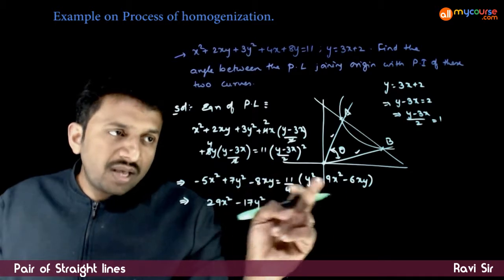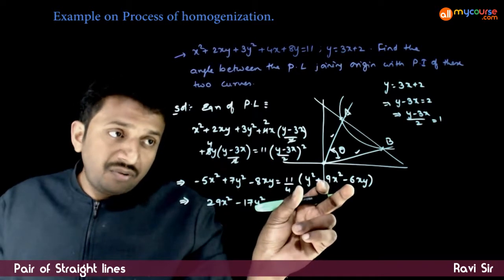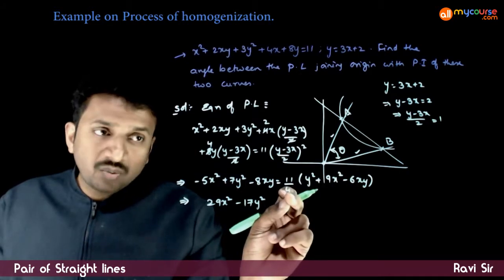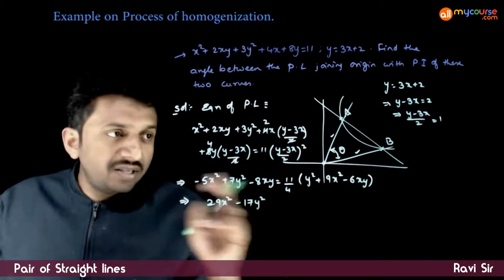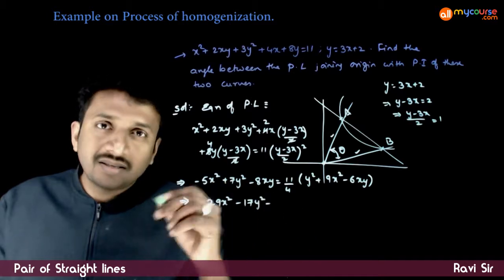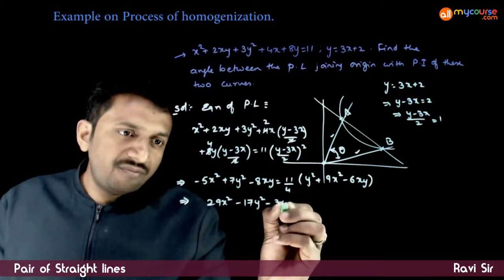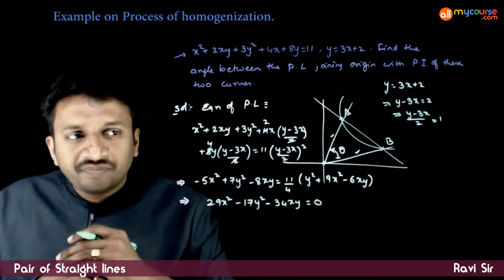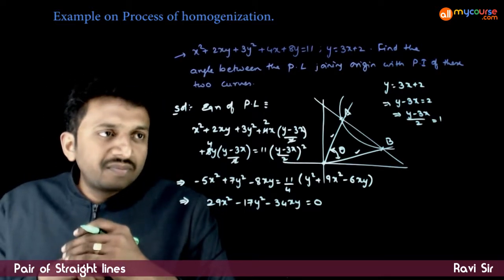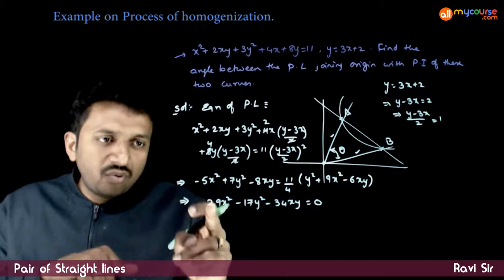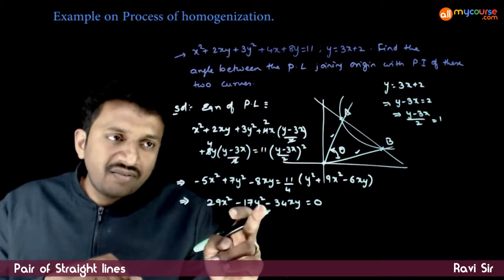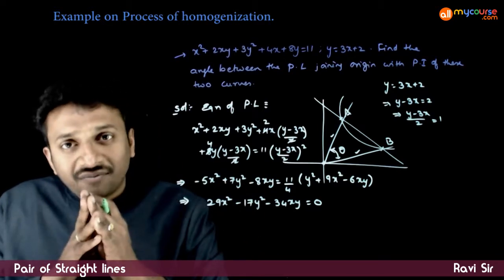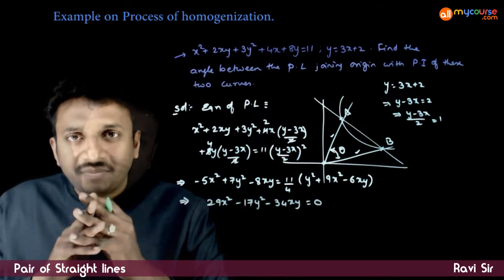Minus 32xy, you have a minus 66xy. So minus 66xy plus 32xy. So 66 minus 32 is 34xy is equal to 0. So you have 29x square minus 17y square minus 34xy is equal to 0.